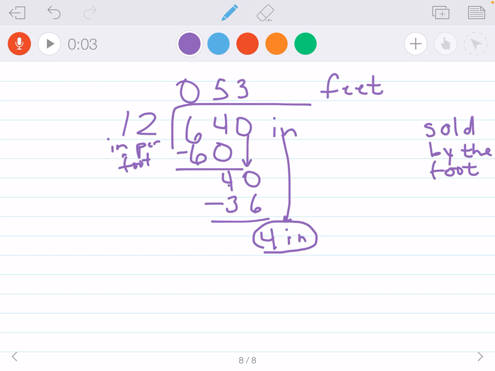So I didn't just buy the 53 feet, right? I actually had to buy 1 more foot so that I could get these 4 inches. So the answer to my question, let's go back over.